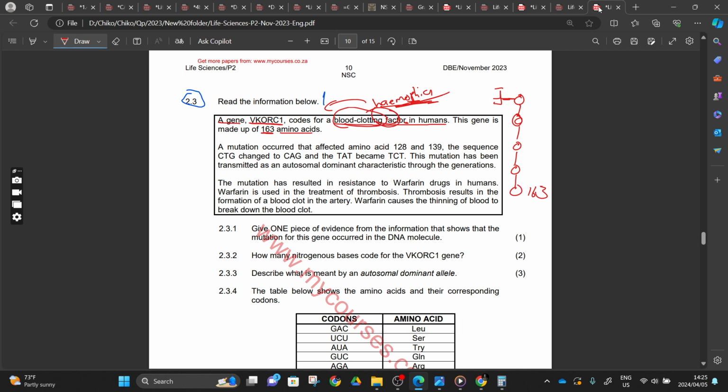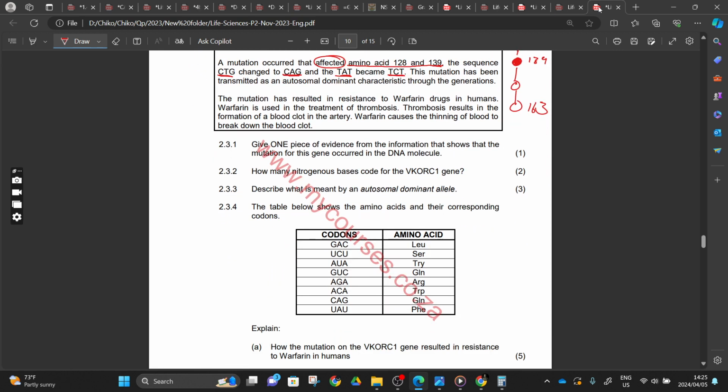So let's move on. It says a mutation occurred that affected amino acid 121 and 128 and 139. So let's say maybe this amino acid was affected and this amino acid here was affected. We'll say this one was 128 and this one was 139, and then we also have another here, right? So this one was affected. You can say that the mutation affected this amino acid, but the sequence CTG, you see now, the sequence CTG changed to CAG and the TAT became TCT.